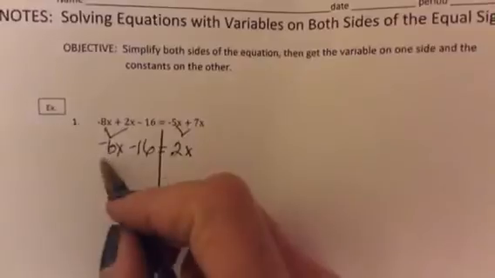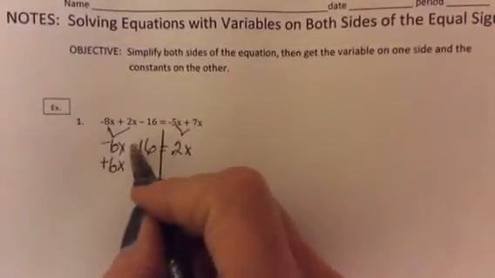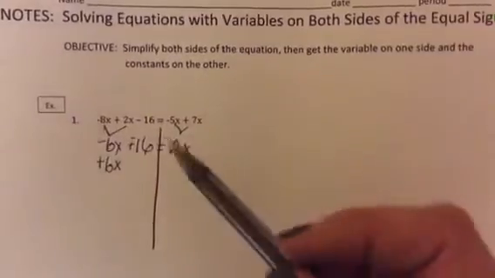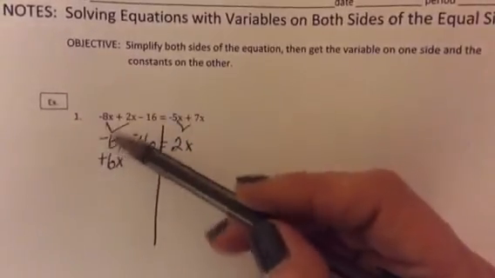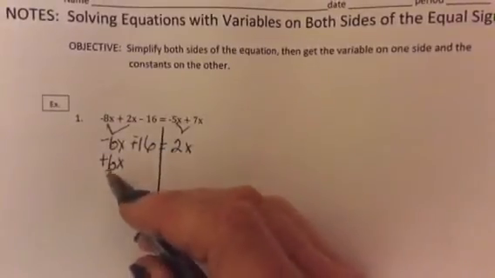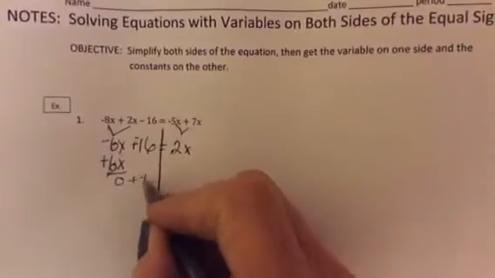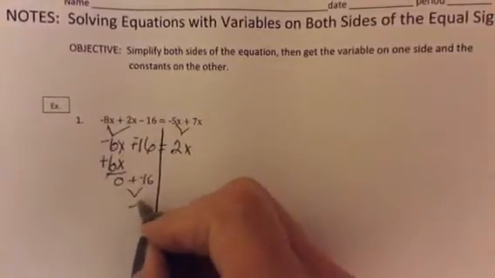But if I add a positive 6x, and let's go ahead and make that plus negative 16. If I add these two, these are additive inverses. So I'm going to get 0, and 0 plus negative 16 is going to give me just that negative 16 all by itself.